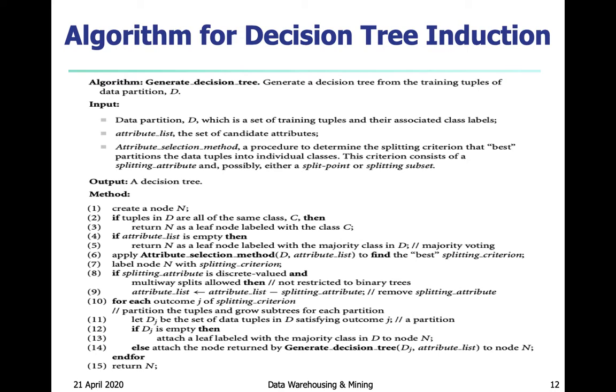Next, the node n is labeled with the splitting criteria, which serves as a test at the node. A branch is grown from node n for each of the outcomes of the splitting criteria.